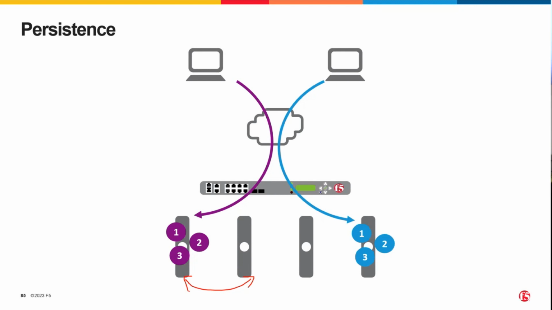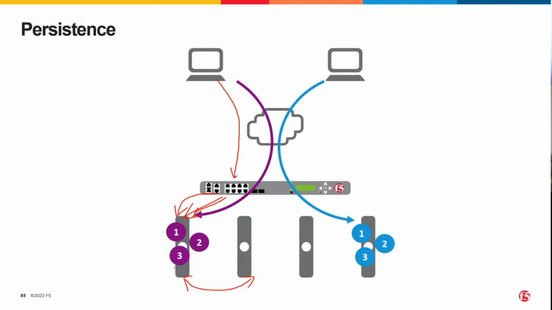In that case, after the first load balancing decision is made for the first connection to this first pool member, all subsequent connections should be sent for this particular client to the same pool member, to the same node actually, right? So this is what persistence means. Some kind of sticky connections, sticky sessions in other words.